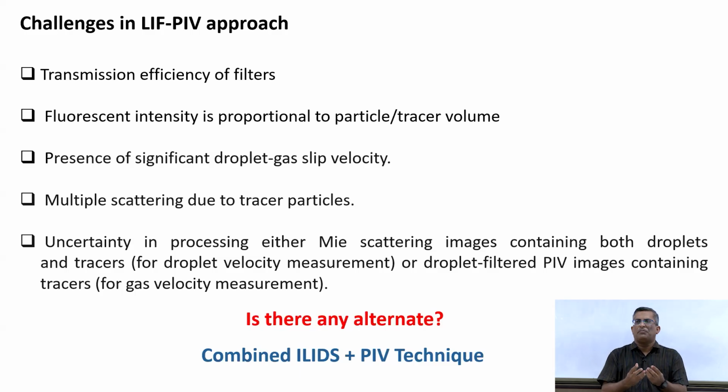In fact, it will be biased towards larger particles because they occupy more space in your interrogation window. And this is based on cross-correlating the images at two different time instants, with a short time interval.